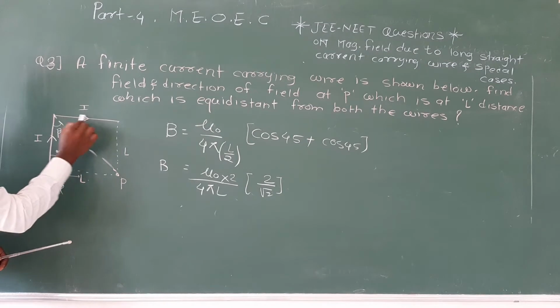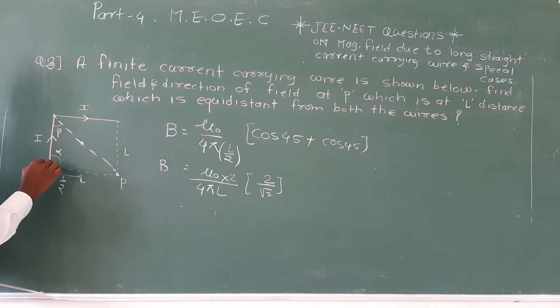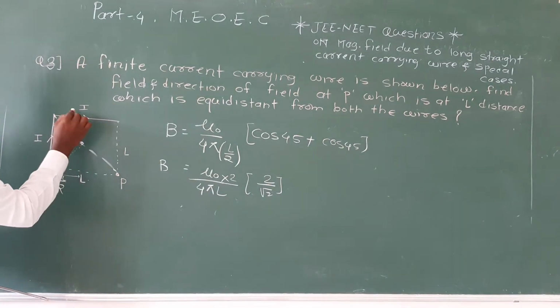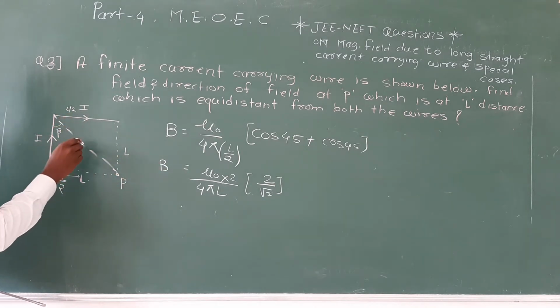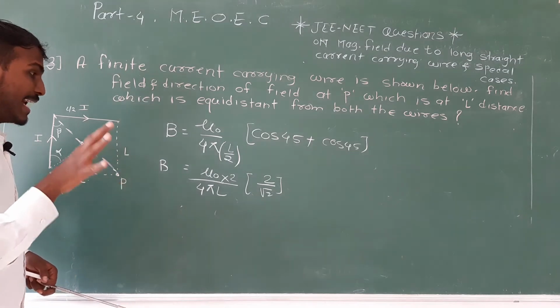Now the other conductor is here. Due to this conductor, the magnetic field was like this. Definitely due to this conductor, which is also at L by 2 distance, it will give us the same magnitude of magnetic field at point P, but we have to just focus on direction.